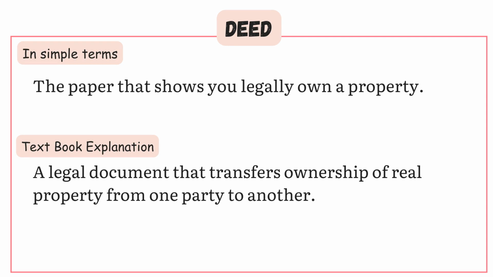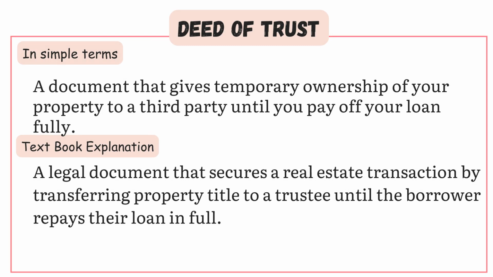As per textbook definition, deed is a legal document that transfers ownership of real property from one party to another. Deed of trust. In simple terms, it is a document that gives temporary ownership of your property to a third party until you pay off your loan fully. As per textbook definition, deed of trust is a legal document that secures a real estate transaction by transferring property title to a trustee until the borrower repays their loan in full.